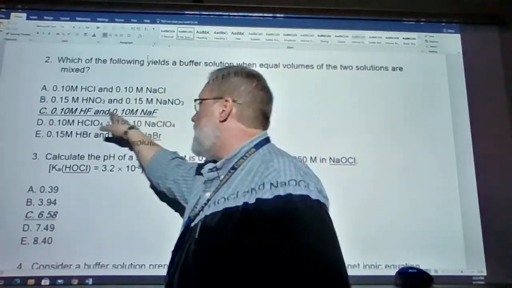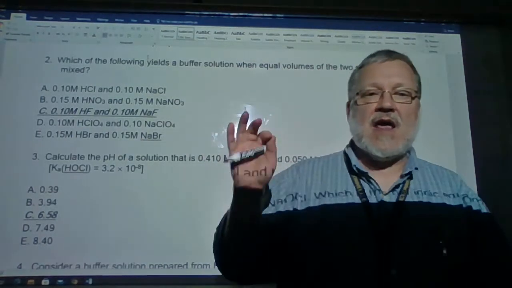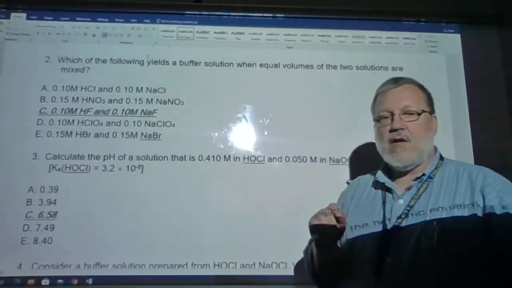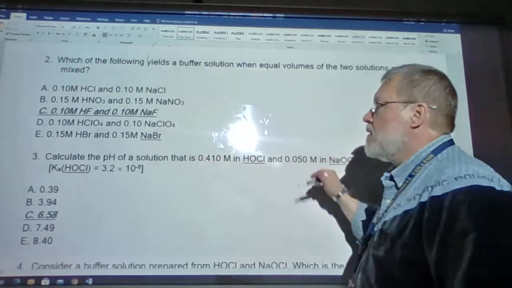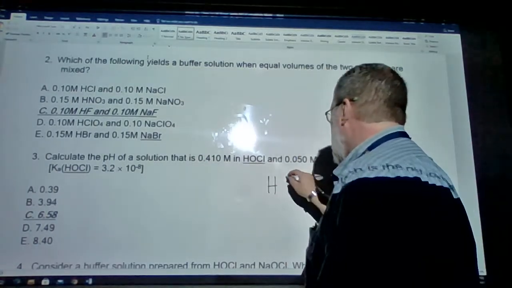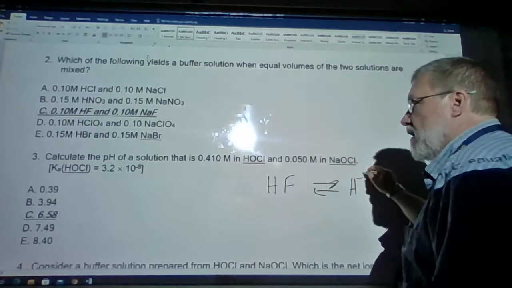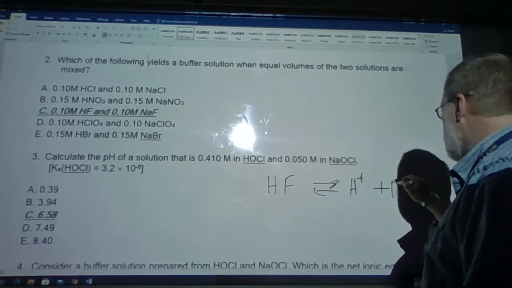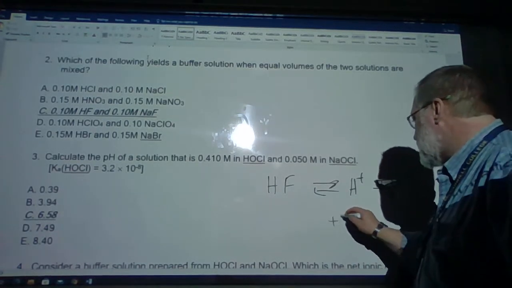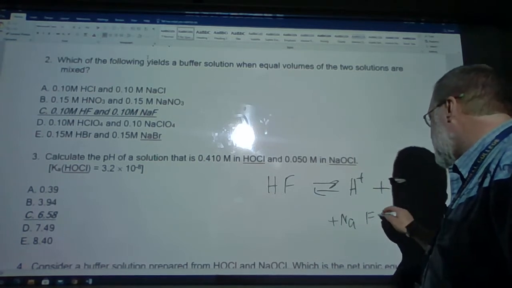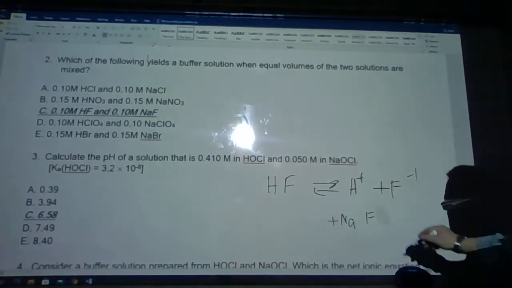So the only one of these where we have a weak acid is HF. Is the HF paired with something that has a common ion? Well, it is. HF, if that busts up, produces H+ and F-. If we introduce to that a solution of sodium fluoride, do we have the common anion?